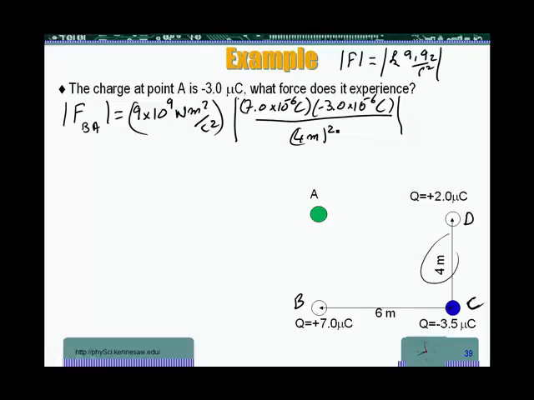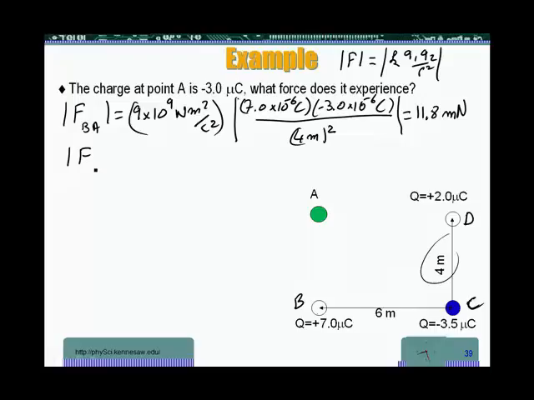So that gives us 11.8. And then we have 10⁹, and then 10⁻¹², so 10⁻³. So let's just say millinewtons, so not to have to carry that 10⁻³. Okay, now continue.